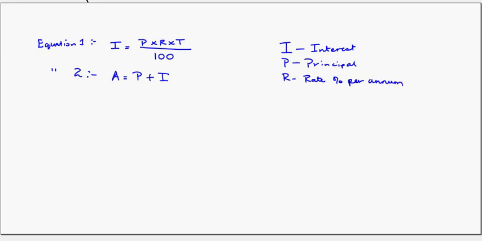T is the time in years. A is the amount accruing. That's what these different things mean.